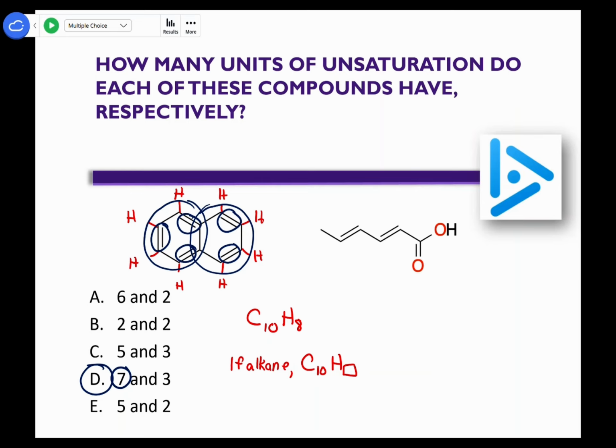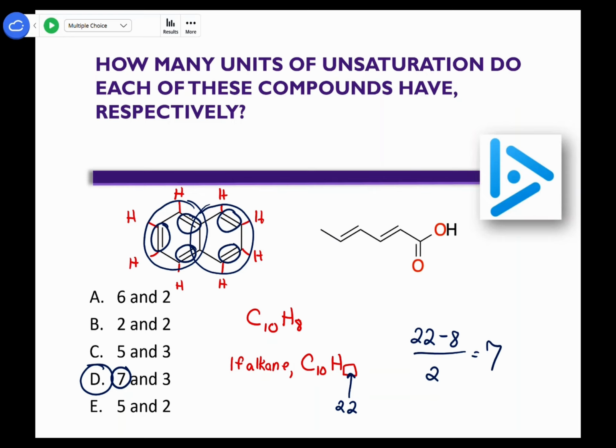If this was an alkane, fully saturated with the maximum number of hydrogens, then it would follow the formula twice the number of carbons plus 2, which tells me that it would be 22. So if I want to calculate the units of unsaturation, 22 is the maximum possible. 8 is what I have, and they come in pairs, which tells me I have 7 units of unsaturation. So it also works that way.